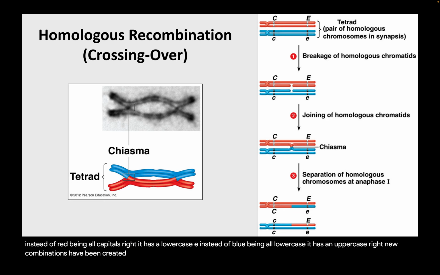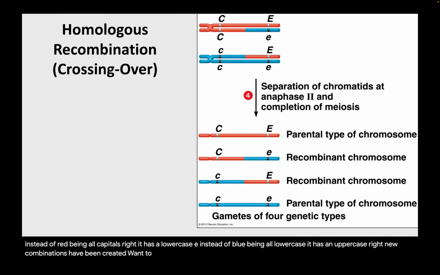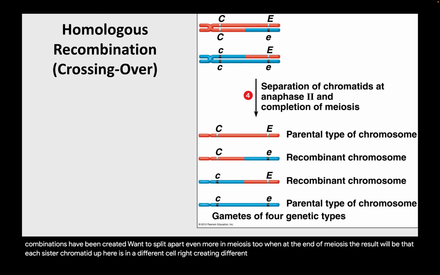This will go on to split apart even more in meiosis 2. At the end of meiosis, the result will be that each sister chromatid up here is in a different cell, creating different combinations. So instead of red always being capital C, capital E, now we have one that's capital C, lowercase e. New combinations have been created.